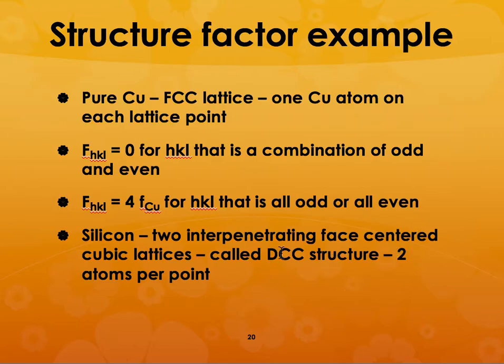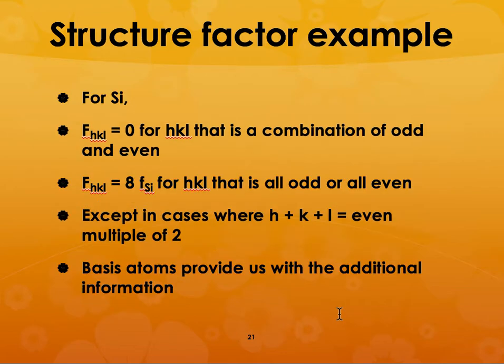The same way, if you look at silicon, you have two interpenetrating FCC lattices. It's called the diamond cubic structure, and you have 2 atoms per point. And if it is HKL that is a combination of odd and even, you are not going to have any reflections at all.